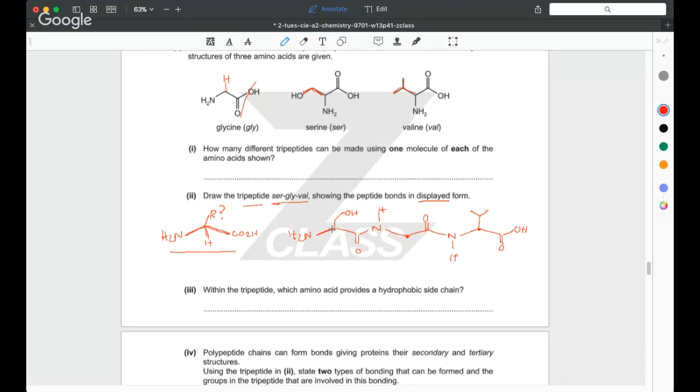So you've always got a carbon in the middle where the side chain is, and then the carboxylic acid. And then you've got the carbon in the middle and the carboxylic acid. You've got the amine, carbon in the middle, and the carboxylic acid. If you're disciplined about your drawing, you can get that right.